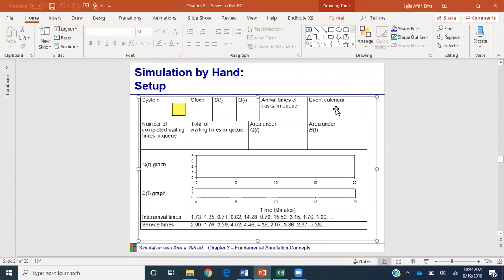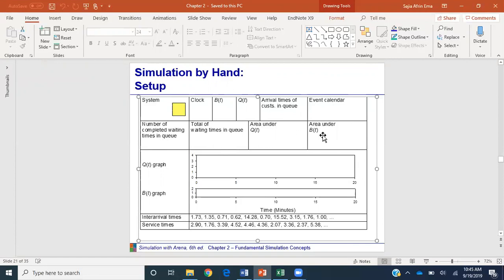Event calendar, the one that I showed in Excel. The number of completed waiting times in queue. This is mostly like the number of parts which passed the queue. Total of waiting time in queue. It's like an accumulated count.